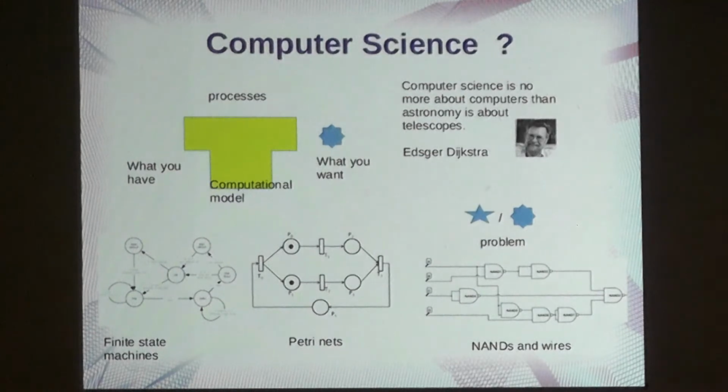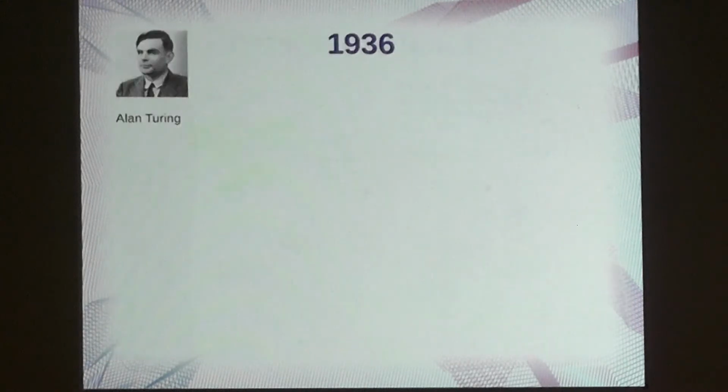So now I said that for a given problem, there might be several processes that solve it. So curious minds want to know, are there any problems for which there are no processes that can solve it? And a curious mind, for example, was Alan Turing. In 1936, he addressed this problem.